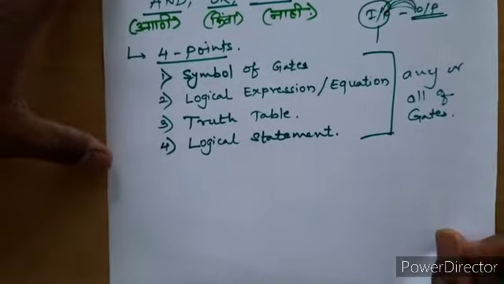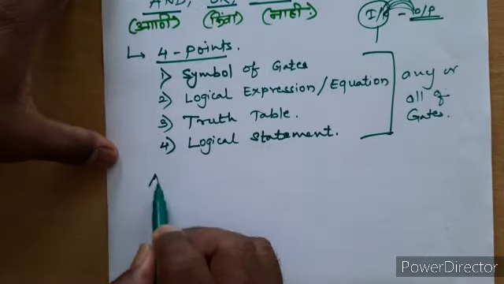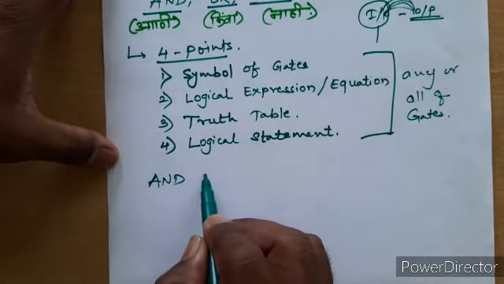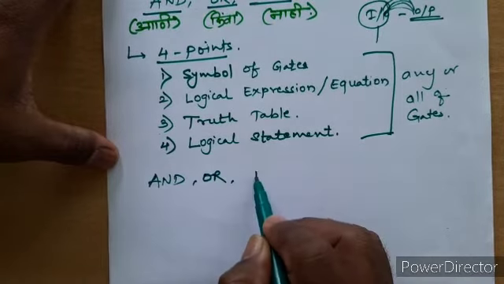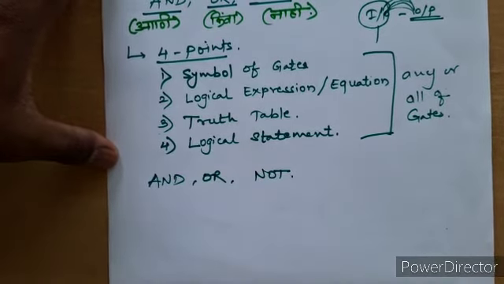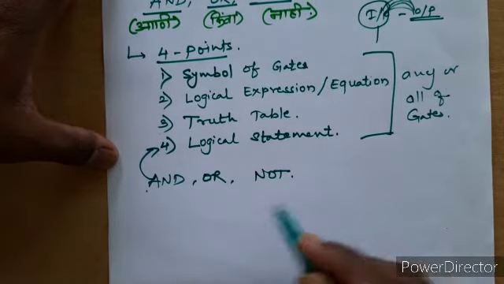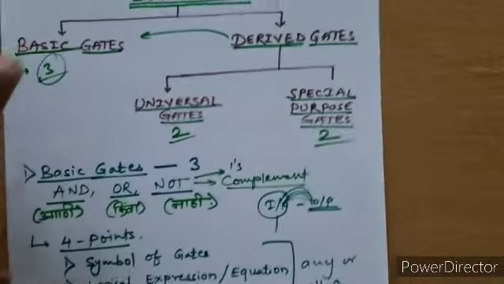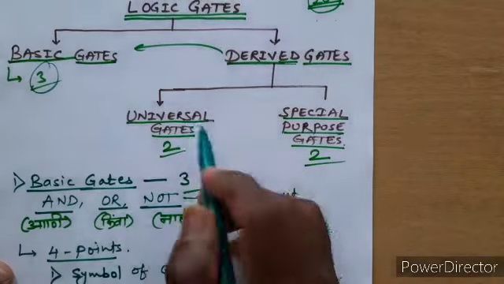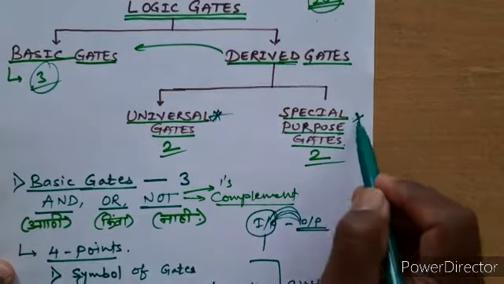In the next lecture we will go through the AND gate, OR gate and NOT gate. We will try to cover all these gates with the help of these 4 points, and then we can extend our discussion to the universal gates and special purpose gates.